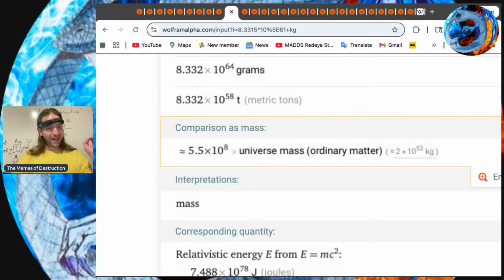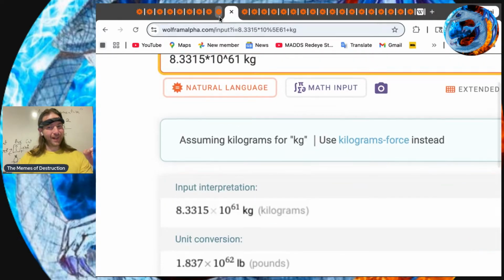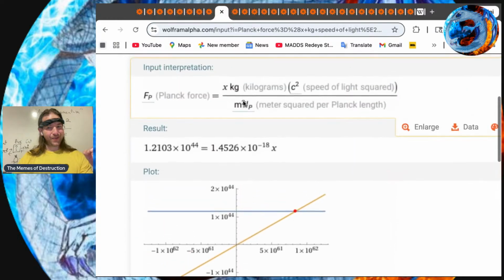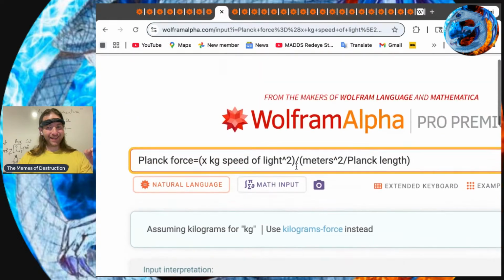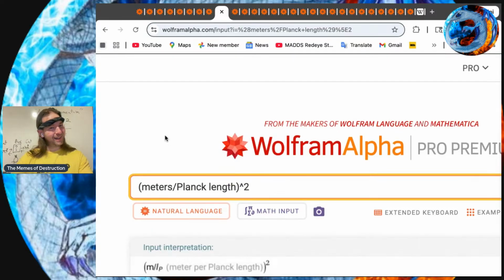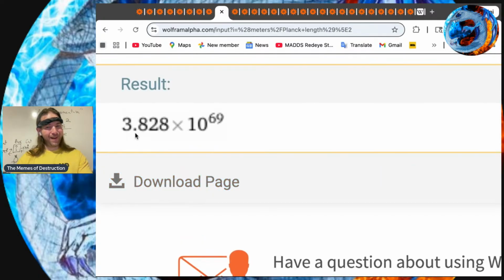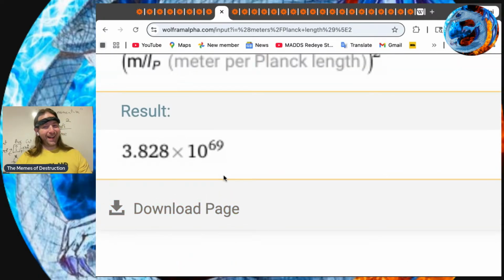What's interesting about that number is we just went over here and we tweaked this. We're going to take out that square. We're just going to relate the meter to the Planck length. We'll square it, and now we get a dimensionless range. Wait a second. 3.828 times 10 to the 69.